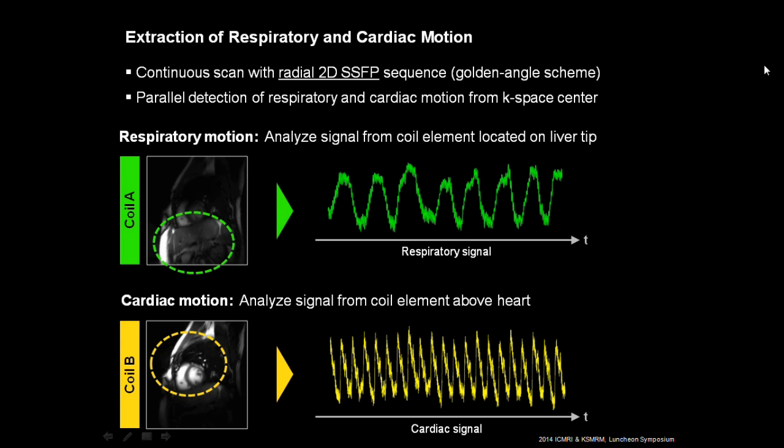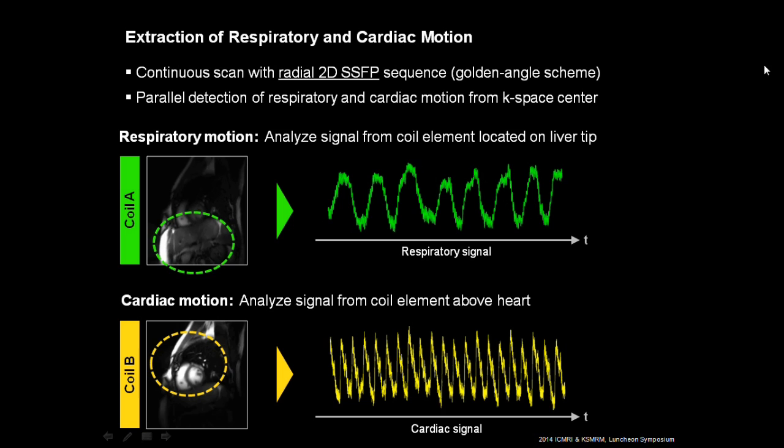Now to get the respiratory motion information, we look at a coil element which is located above the tip of the liver. So signal changes that we see in this coil are mainly caused by respiratory motion. So this will give us a respiratory curve or breathing curve. And to get the cardiac information, we then look at a different coil element, a coil element which is located above the heart.